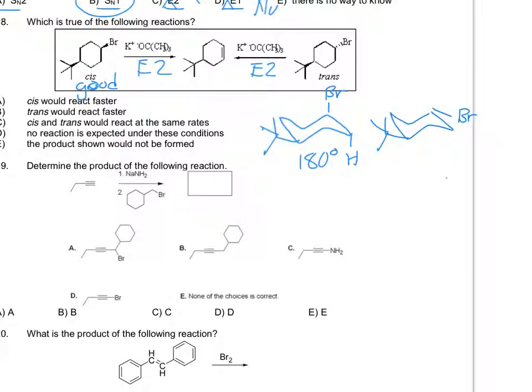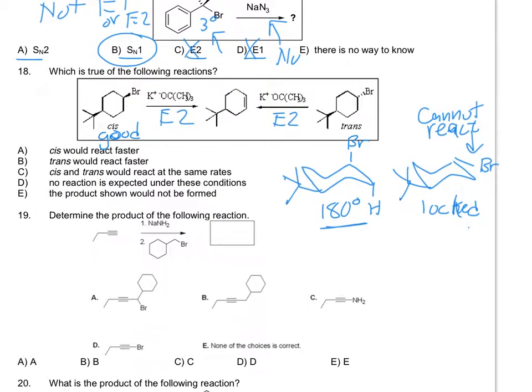And of course, this is locked in this conformation because the t-butyl group prevents the chair flip. And now the bromine cannot react. The bromine can't react. It is not in this 180-degree relationship to any hydrogen. So what that means, if we go back to the picture, this one really won't react at all. It would be very, very slow.